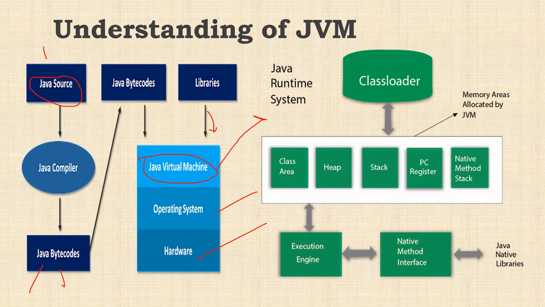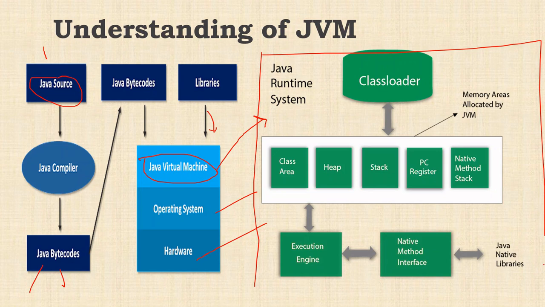So this is the big picture of JVM. If you see this architecture, this is the JVM architecture. So how does it internally work? We have a class loader. The Java bytecode will be processed by the class loader.